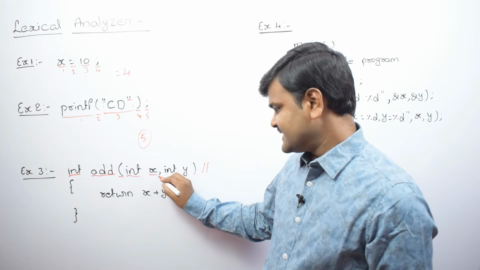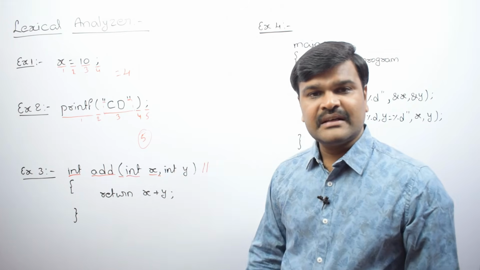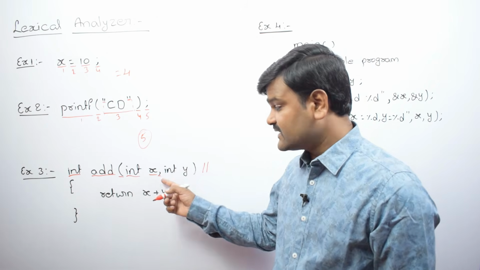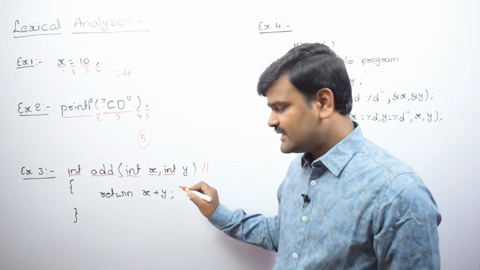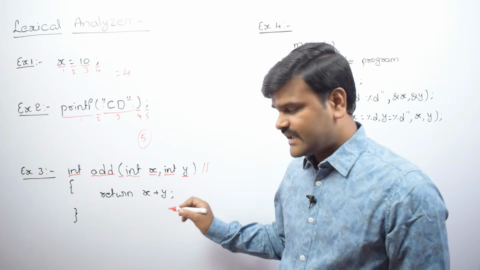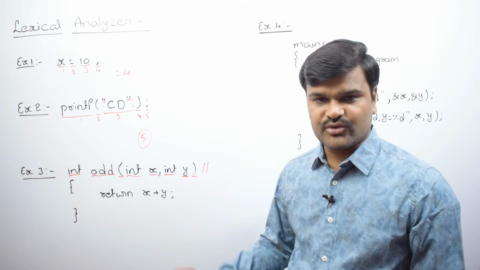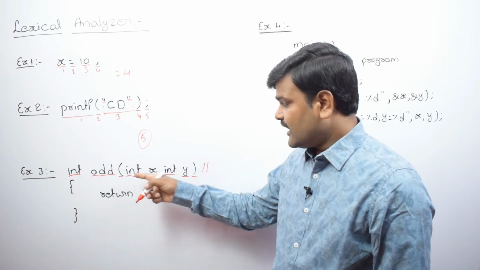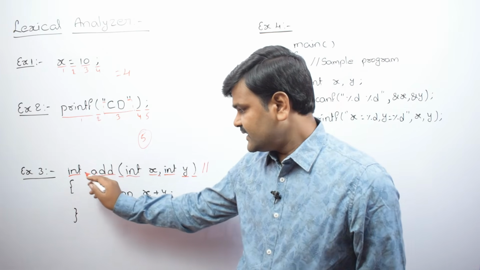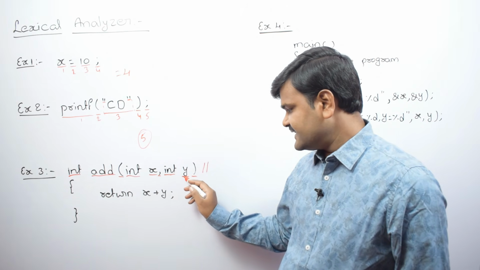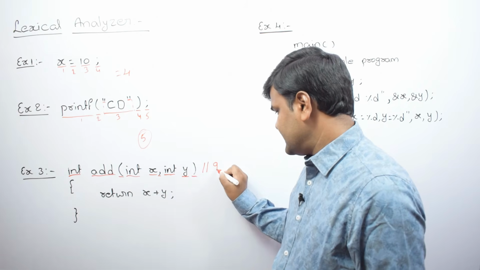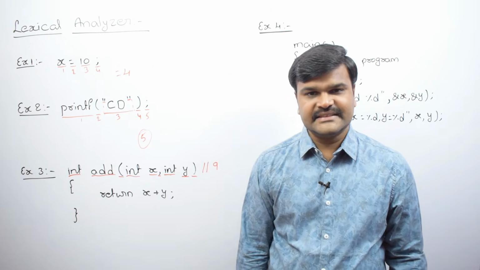Next, this is also one token, because this is the punctuator separator. Next, int keyword one token, y identifier one token, and close brace another token. So, total how many tokens are there? 1, 2, 3, 4, 5, 6, 7, 8, 9. So, a total of 9 tokens are there, is it or not?